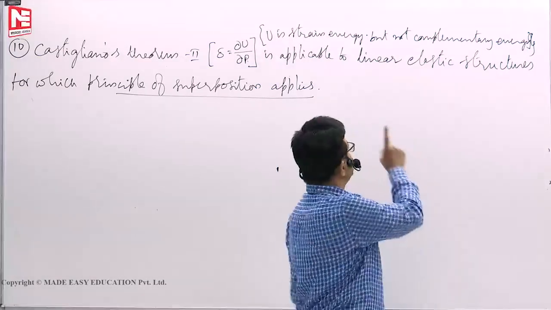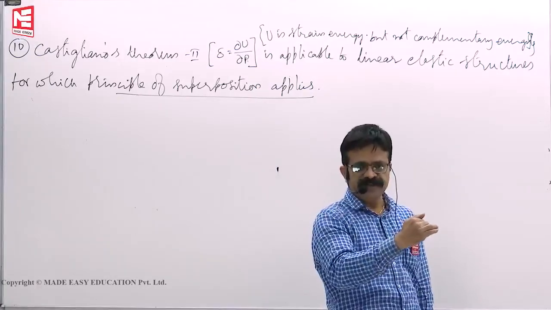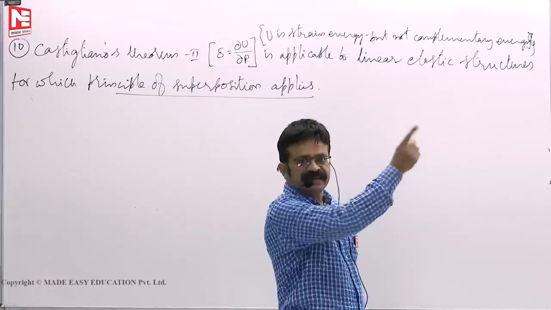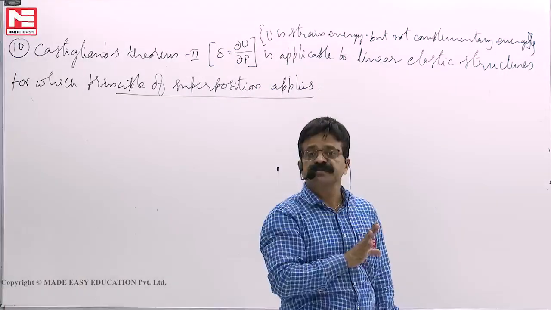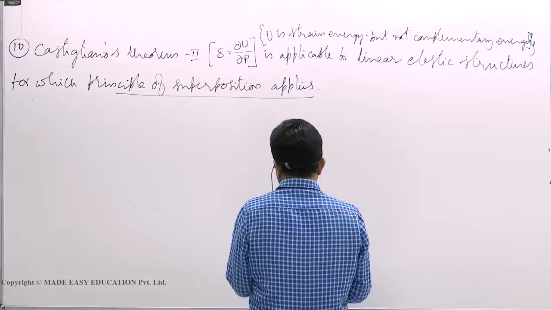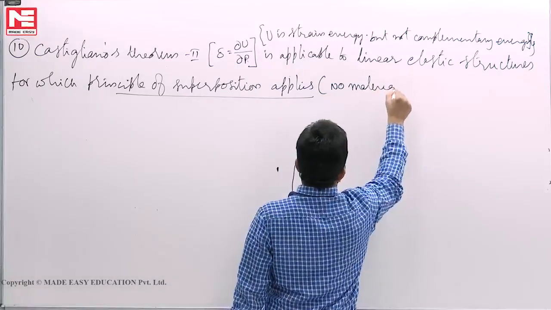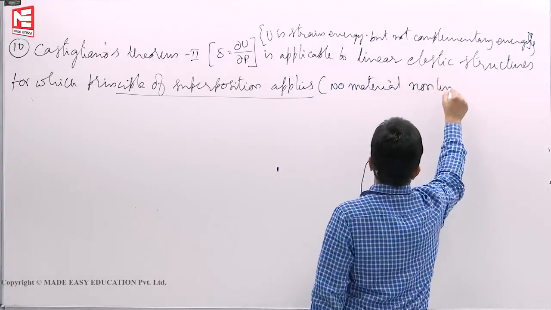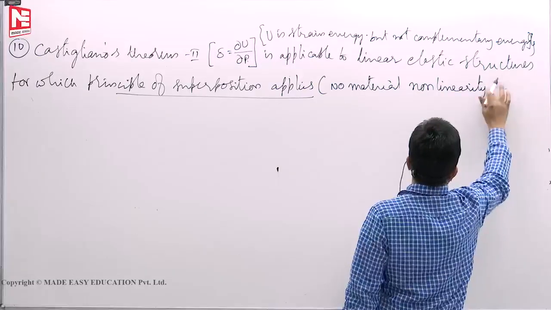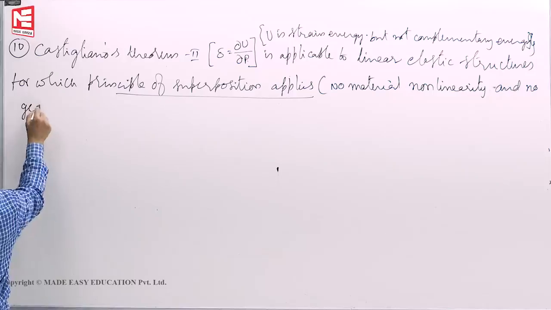So it should be linear elastic and deformations must be small. Only in such cases can you apply the principle of superposition, and only in such cases is Castigliano's theorem 2 applicable. In these cases there is no material nonlinearity and no geometric nonlinearity.